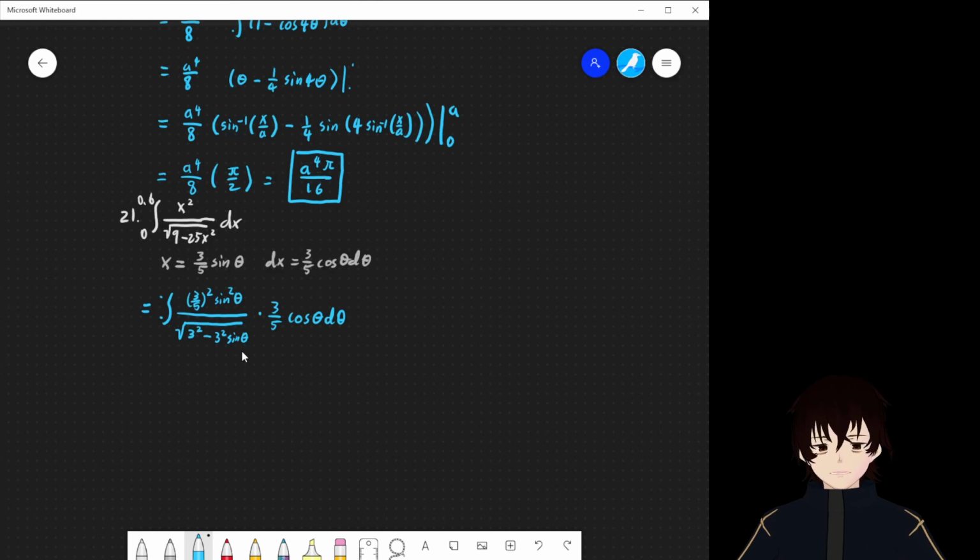Double check. 9 over 25, yes, that's squared. And it seems okay. So we get 3 cubed over 5 cubed.